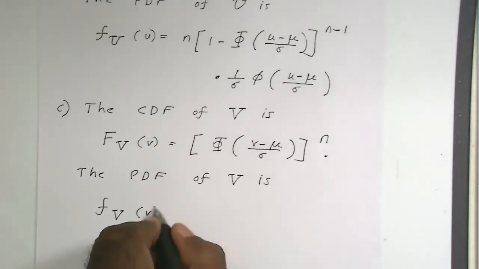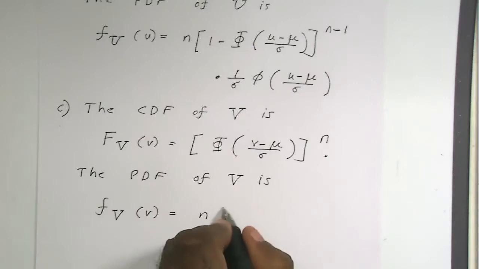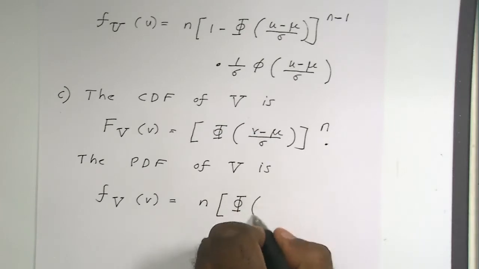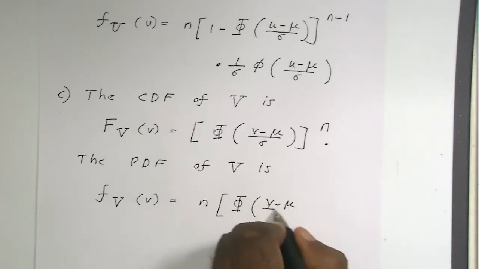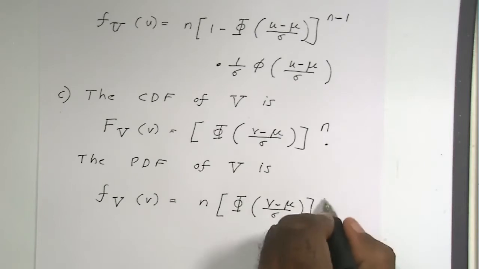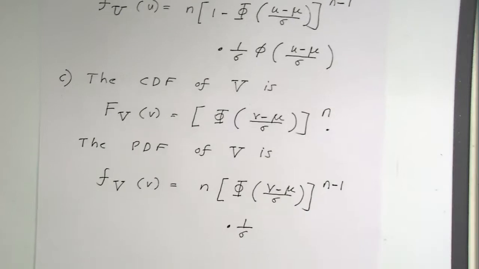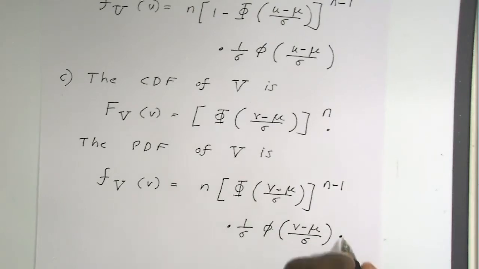So what I wrote in here is the derivative of this one with respect to v. Okay. Alright guys, so that's example 2.